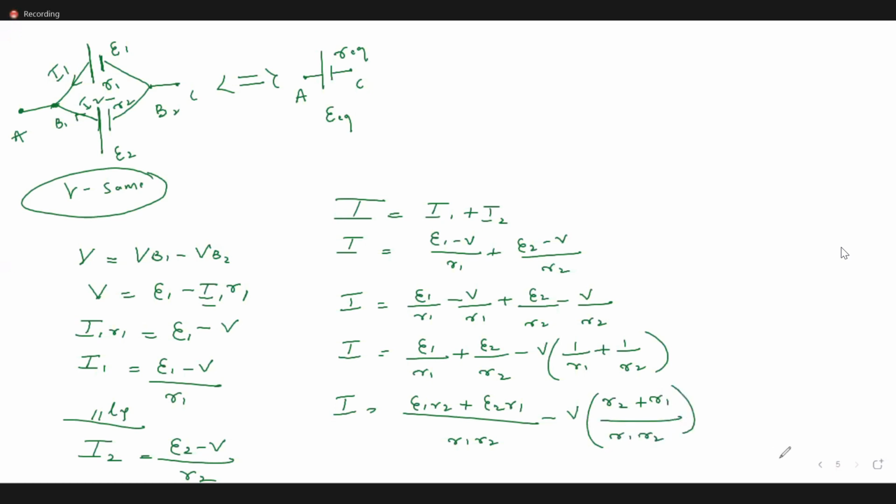Okay, let me go to the next page. So can I take a common 1 by R1 into R2 in both the terms?